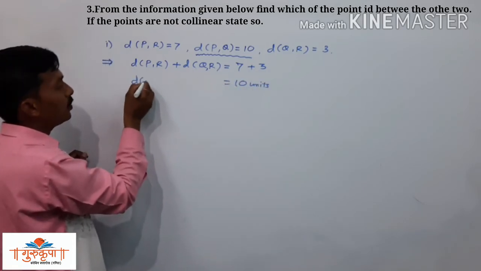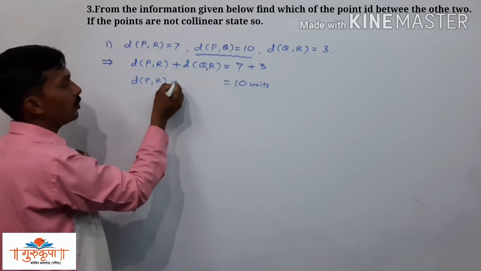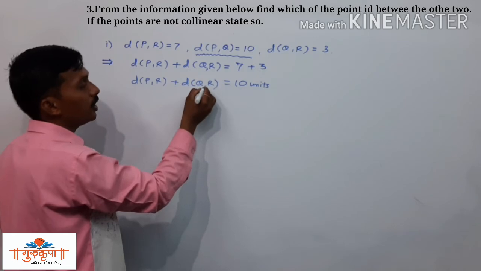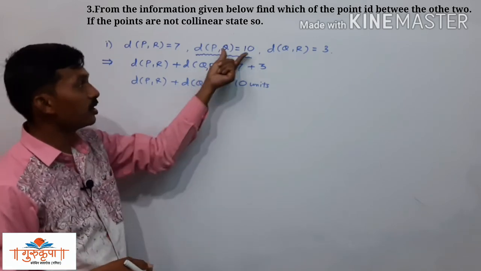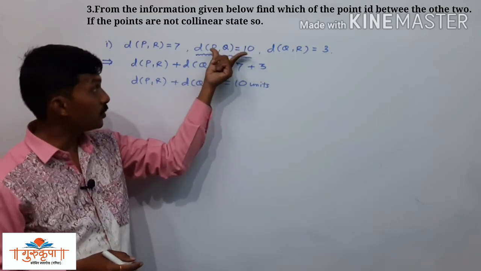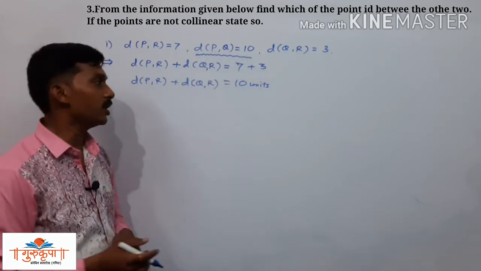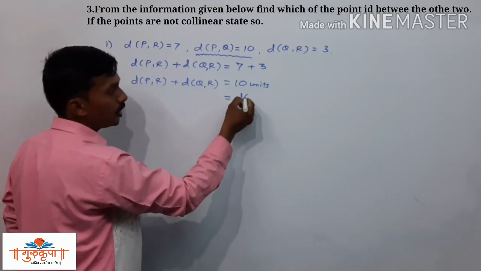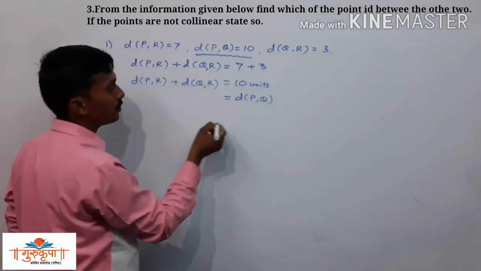Here distance PR plus distance QR is equal to 10 units. And now check the third distance whether it is 10 units or not, and it is 10 units. Distance PQ is given 10 units. So here you can remove this 10 units and put distance PQ.